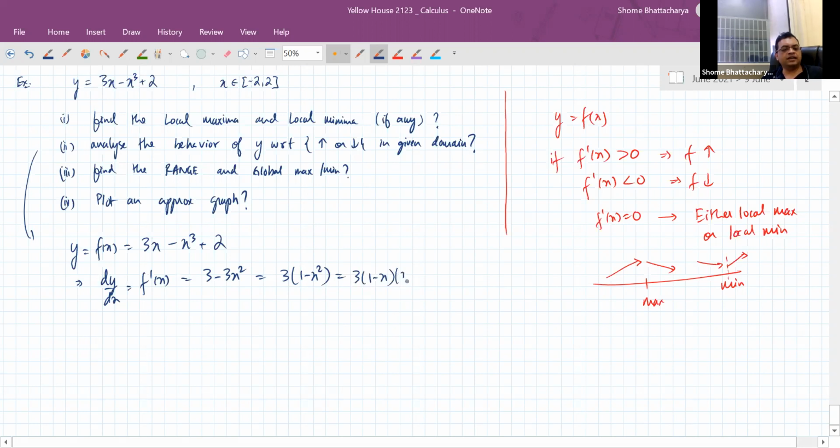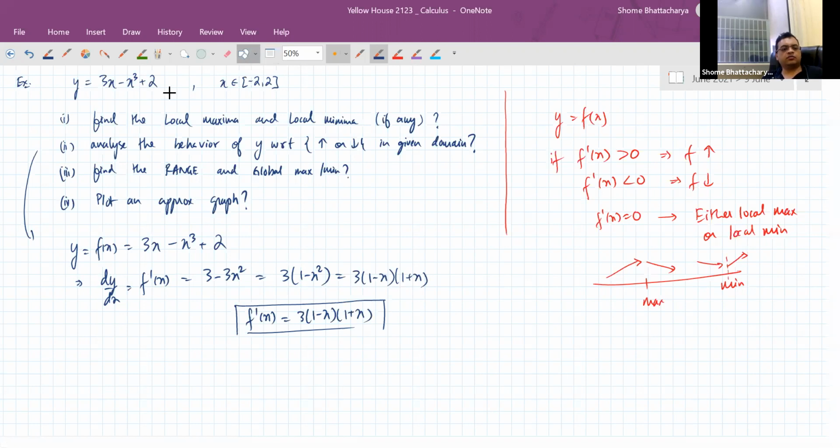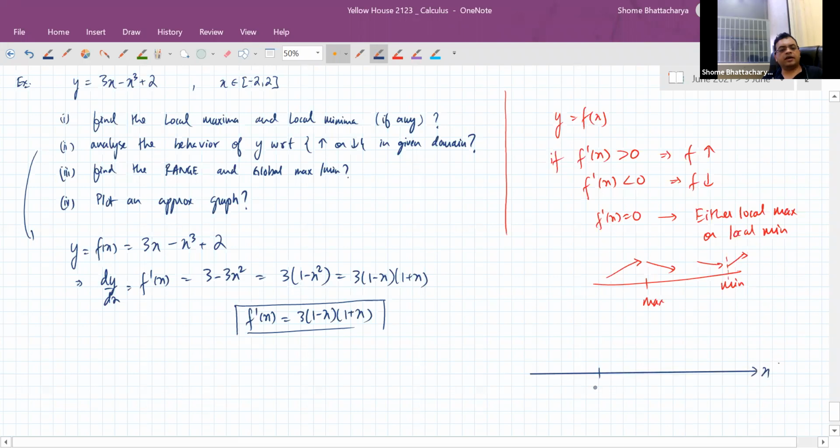And we can do that number line analysis on this. And we can understand that the derivative of the function f'(x), which is this, has the following properties: that on the number line for the two factors 1 minus x and 1 plus x, the critical points, as you can see, are -1 and 1.